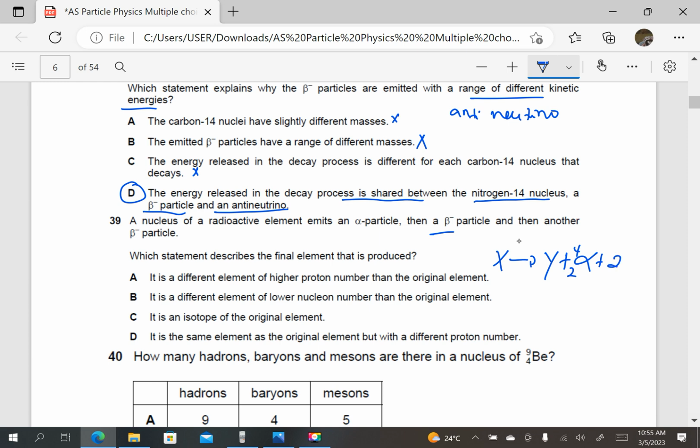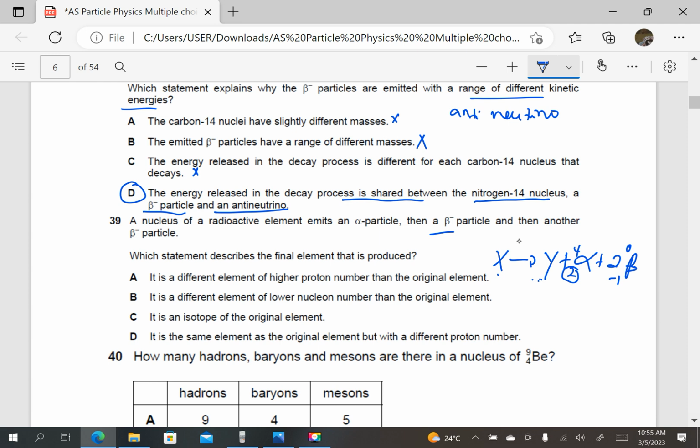In other words, it's giving 2 beta minus, 0, negative 1. So it must have the same proton number. The emitted nucleus has the same proton number as X, because if the proton number reduced by 2 and again increased by 2, it means it is an isotope.